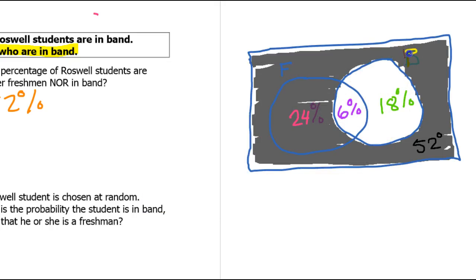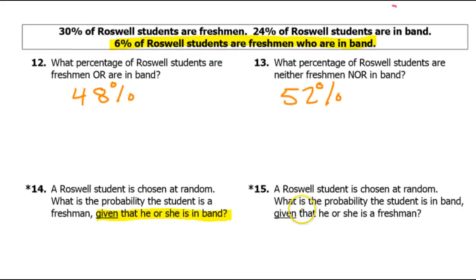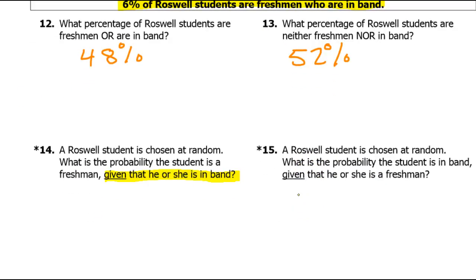This is the circle for band. Anyway, let's move on. Now, it says, what is the probability that the student is a freshman?